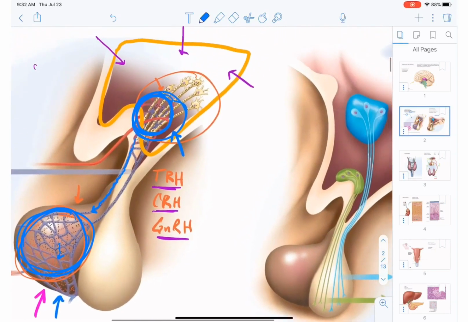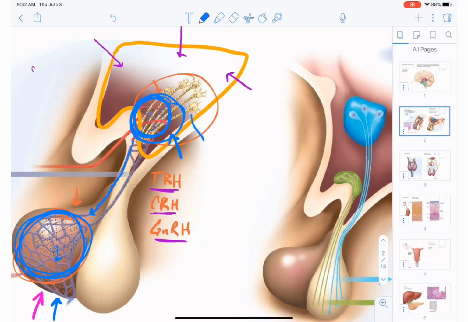And I referred to these cells up here in the hypothalamus as neurons, but we can actually call those neuroendocrine cells. They're neuro because they're neurons, but they're endocrine because they're releasing their products into the blood.